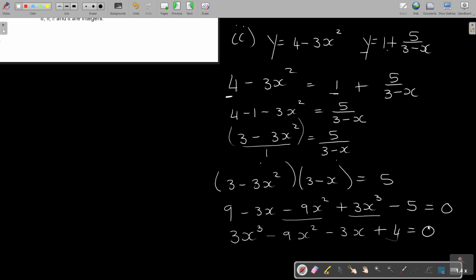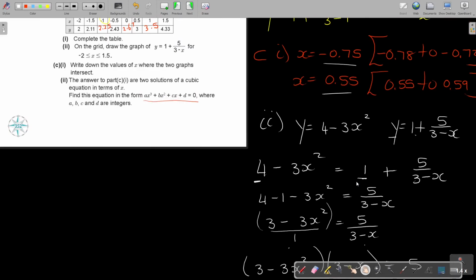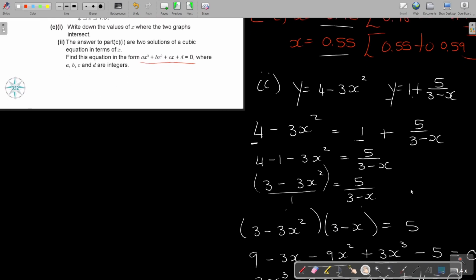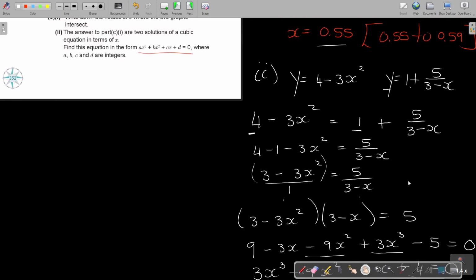And that's what they want. They just wanted me to get rid of the fractions, because it says find the equation in the form where a, b, c are integers. And that's how you do this number.